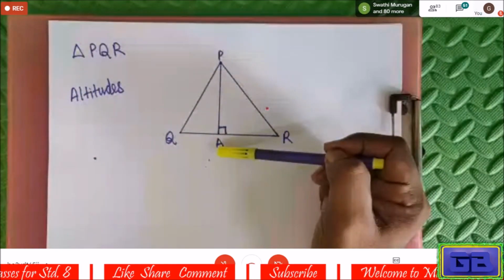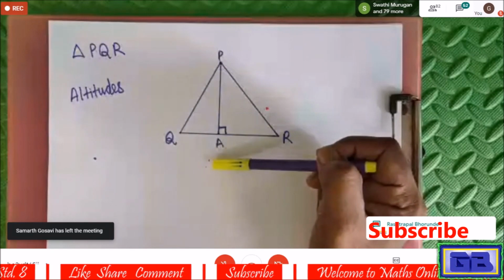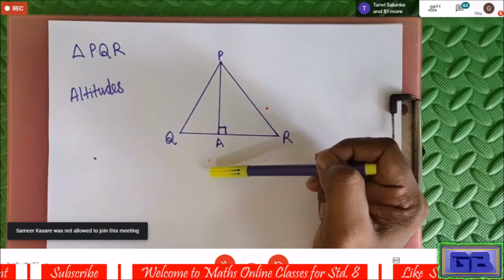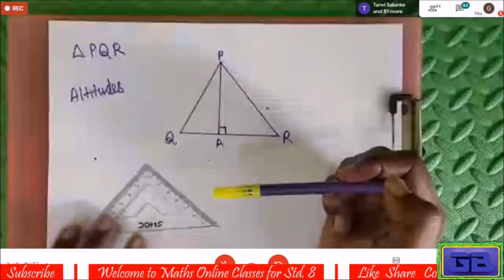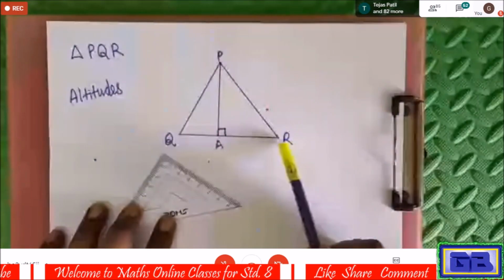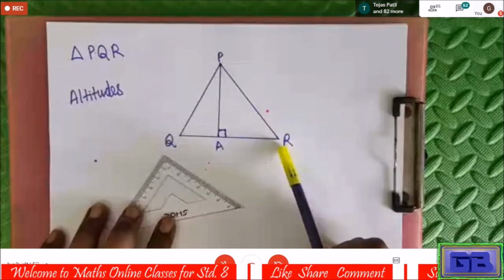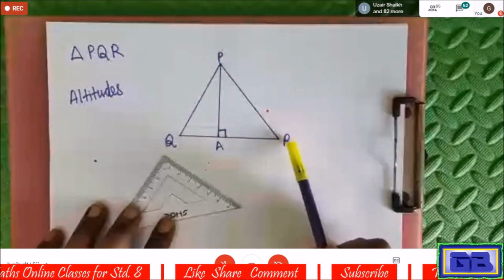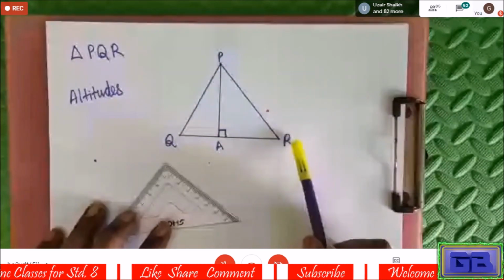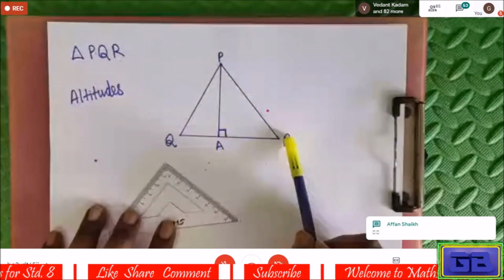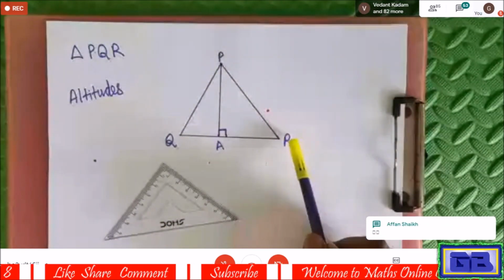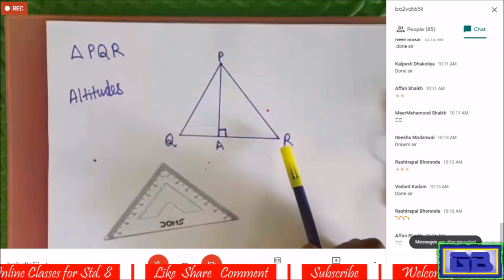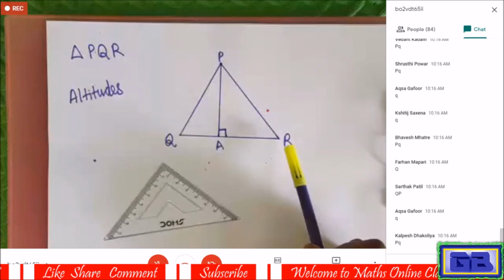Now we have to draw the second altitude. Suppose we are drawing the altitude from vertex R. Tell me the opposite side of vertex R. Very good.